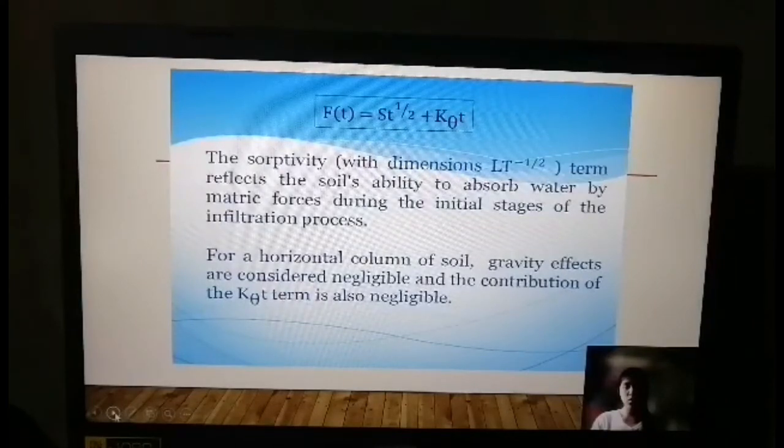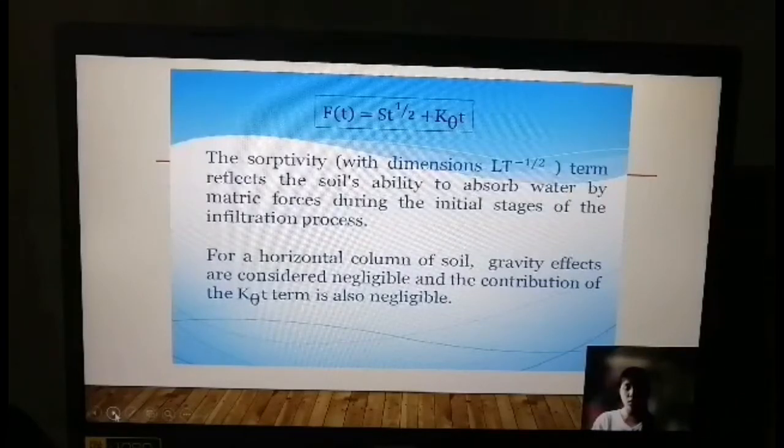For a horizontal column of soil, gravity effects are considered negligible and the contribution of the K times T term is also negligible. So the formula for the cumulative infiltration in a horizontal soil column is reduced to this one.